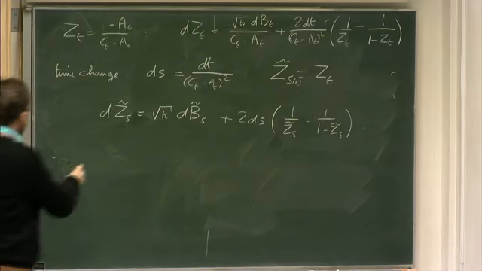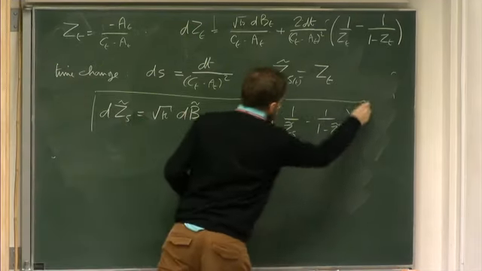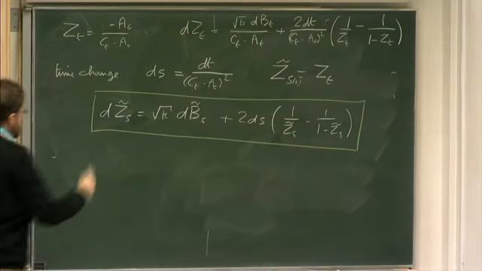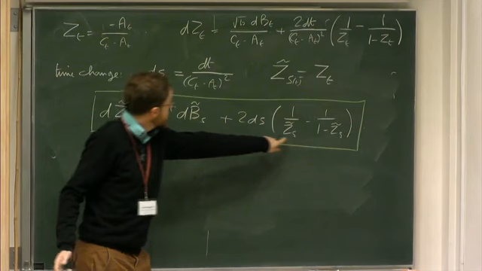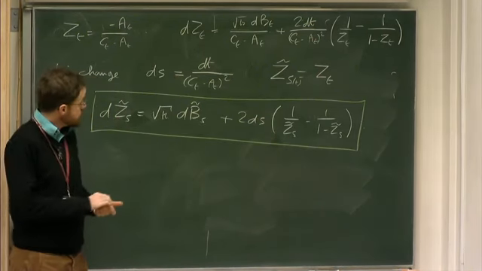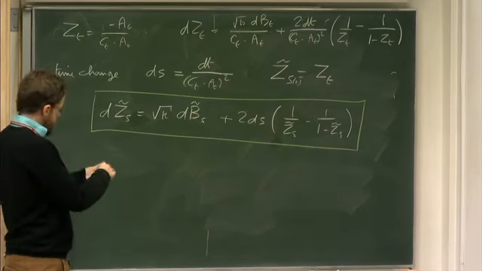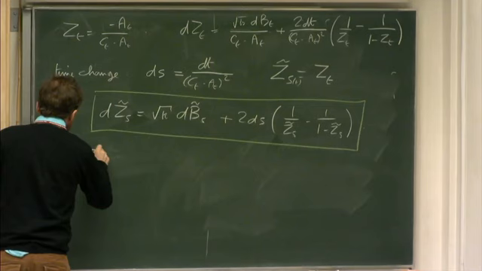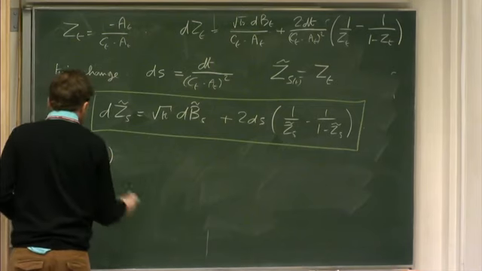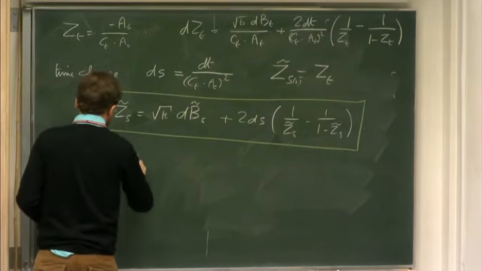And now we are happier because this will be a solution of a stochastic differential equation. It has the Markov property because everything here is written in terms of Z tilde_s. So we have this, and besides, we know that F of Z tilde_s has to be a local martingale.